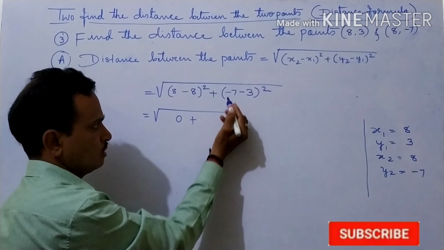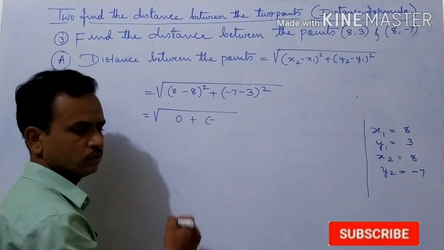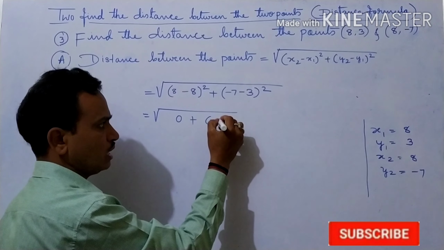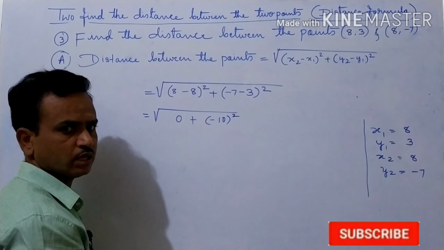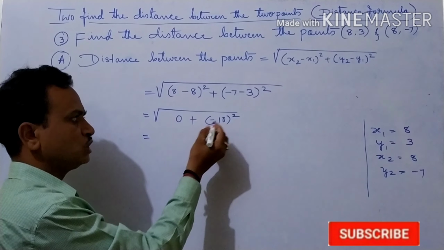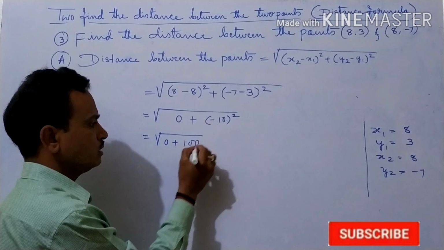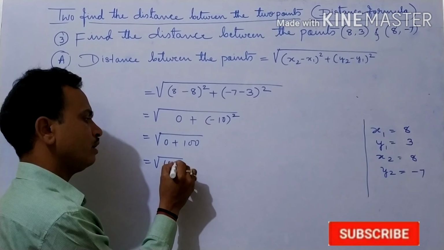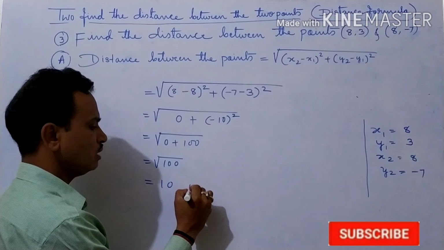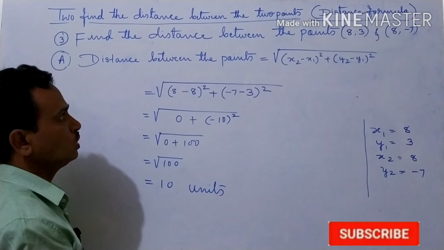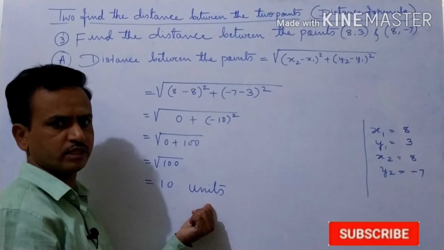Then minus 7 minus 3, both are negative, keep the minus sign and add. So 7 plus 3 is 10, minus 10 whole square, so 10 square is 100. So square root of 0 plus 100 is the square root of 100, which is 10. So the distance between these two points is 10 units.